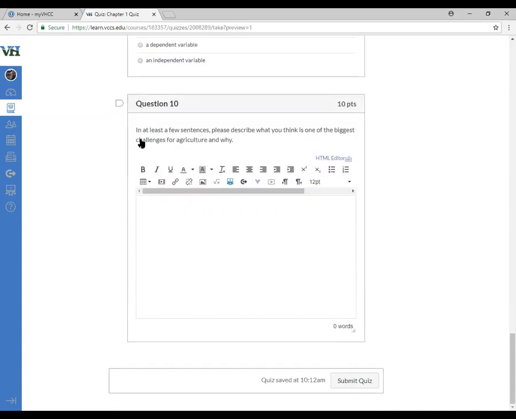Learning curve on Canvas. At least a few sentences. Please describe what you think is one of the biggest challenges for agriculture and why. So that's kind of a give me question there, because that's from your own perspective. A lot of people put overpopulation, definitely a big concern.